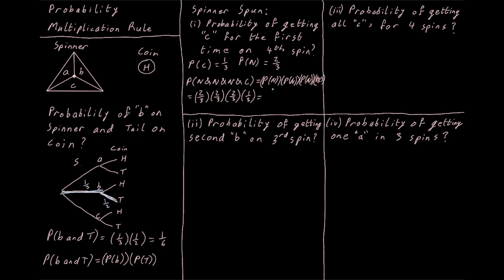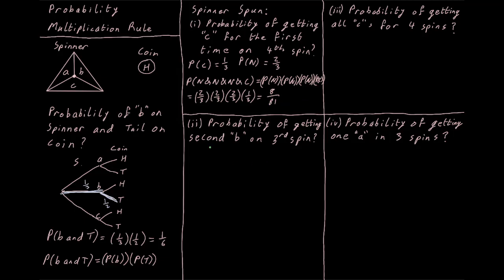So I end up with 8 all over 81. And that's my probability of getting a C for the first time on the 4th spin.